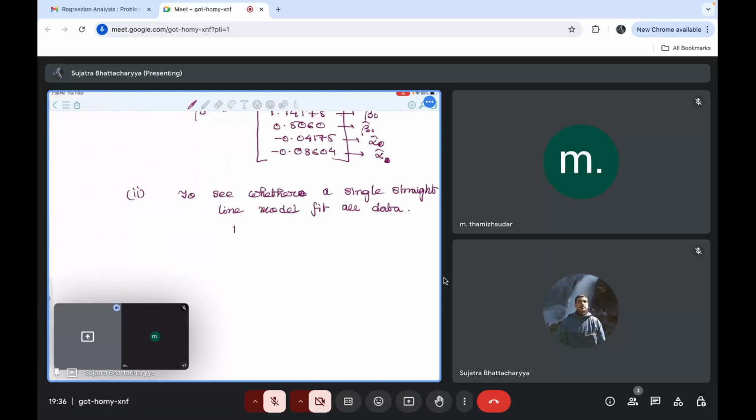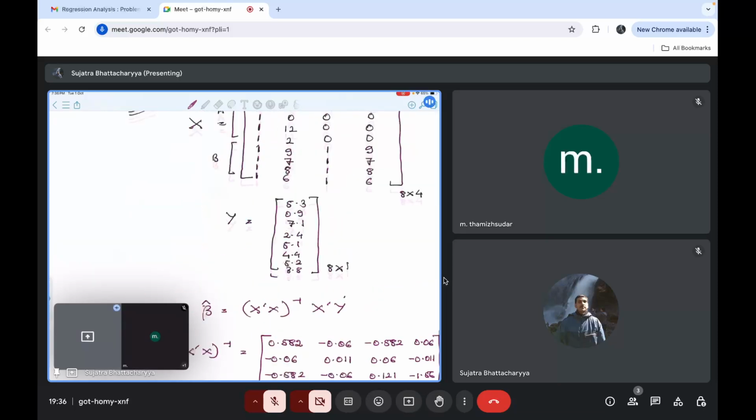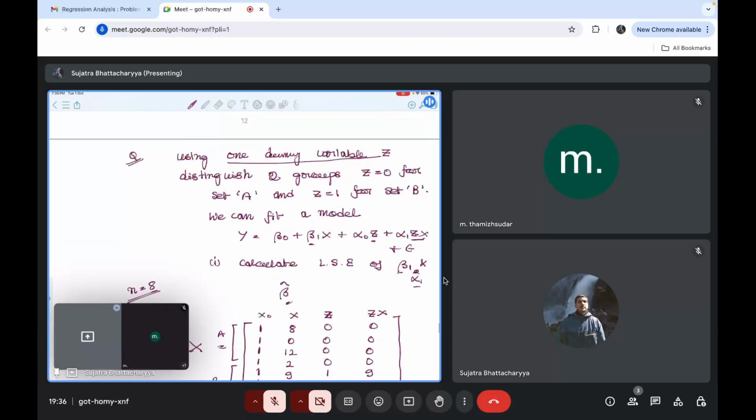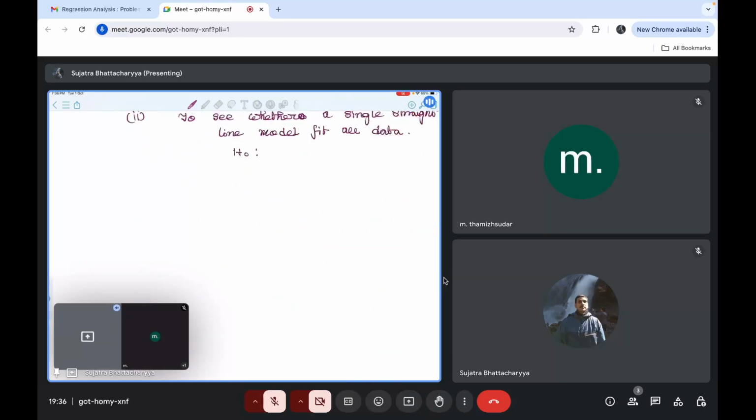So for that, what will you use? H naught: single fit. Let's go to the equation again. For the single fit, alpha naught and alpha 1 should be 0. So your null hypothesis is alpha naught equals alpha 1 equals 0, and your alternative hypothesis is that H naught is not true.